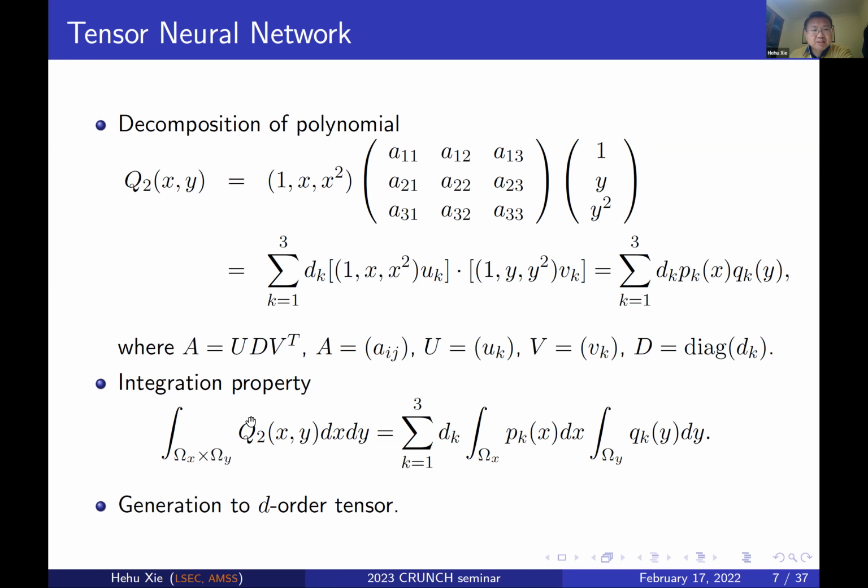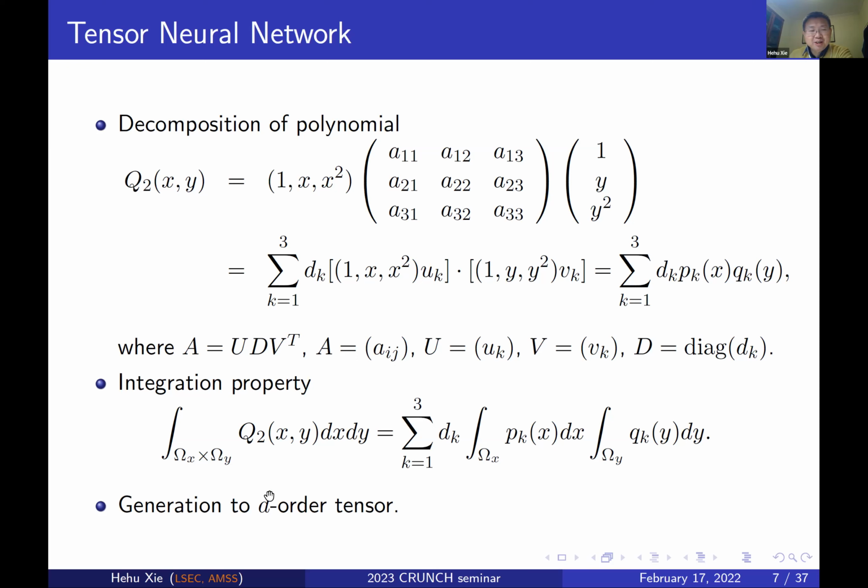Maybe there are no applications yet, but let us consider this integration property. For example, let us consider a double integration in two dimensions. The domain is of tensor type, and then we can compute this double integration in a separated way. On the right hand side, we only need one-dimensional integration.